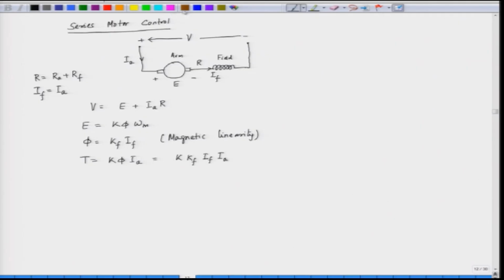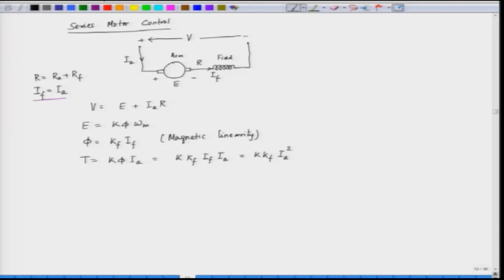If is same as Ia, so that is equal to K Kf into Ia square. So, in a series motor, torque is proportional to the square of the current. If you change the current, torque will change quadratically, meaning the square of the current.